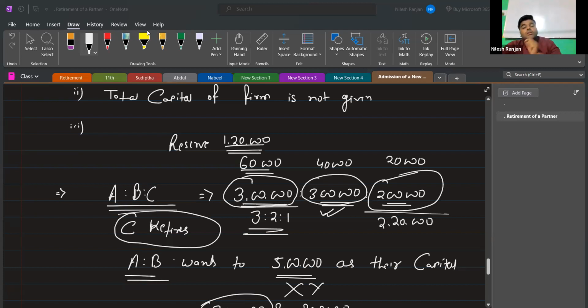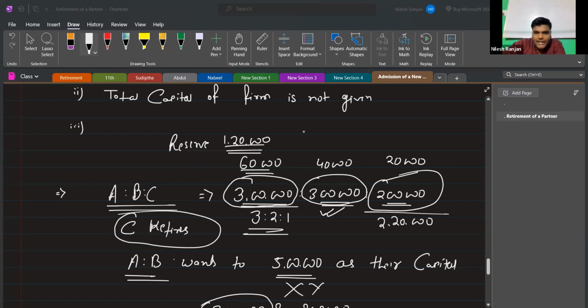No, their profit sharing ratio is 3:2, the new profit sharing ratio. They want to bring capital in a manner that their new capital will be in proportion to their profit sharing ratio. What does proportionate mean?